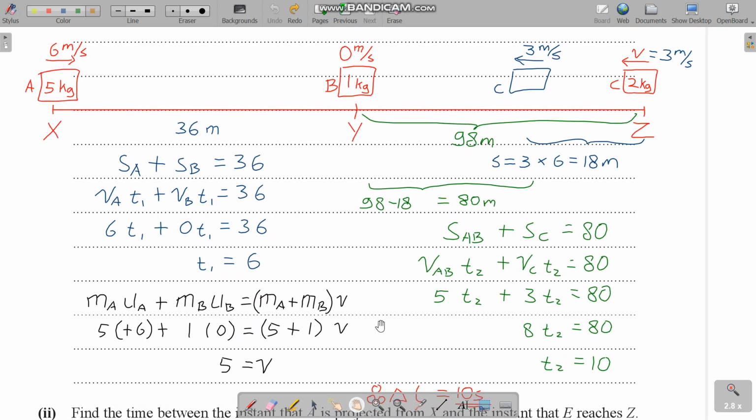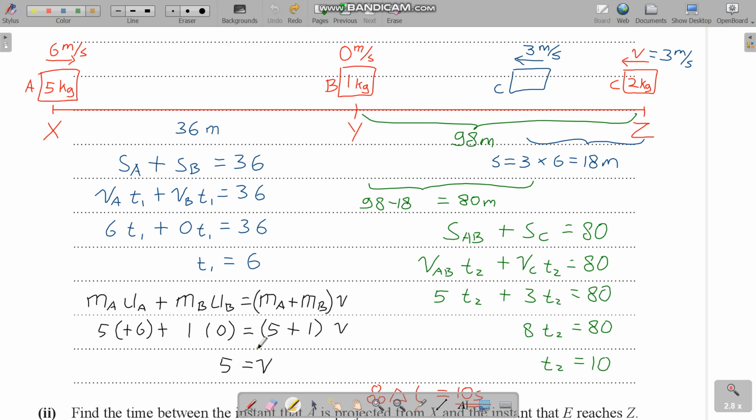And what is the velocity after they combine together? Using conservation of momentum, momentum before, A is 5 times plus 6, B is stationary, and the combined particle is combined mass times the velocity, so this is 5. This is the velocity of the combined A and B after the first collision.